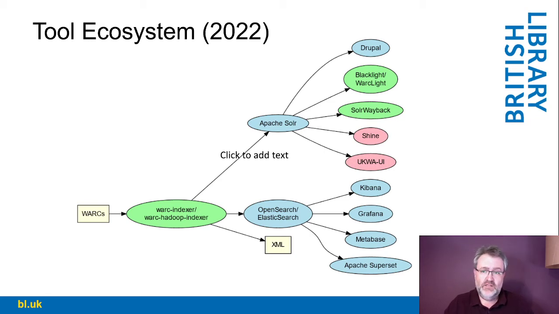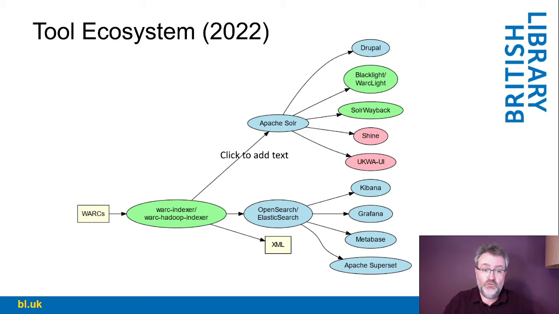So it's been really positive to see two other projects within the web archive space looking at developing web archiving specific search interfaces. One of those was Warclight, by Nick Gruen, a WARC-specific set of extensions and configuration built on top of the Blacklight Ruby framework, which is quite widely used, particularly in American universities.